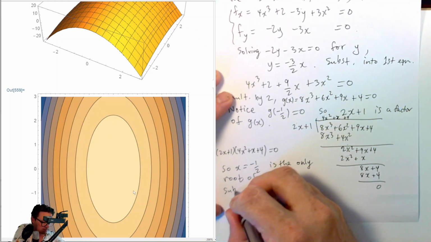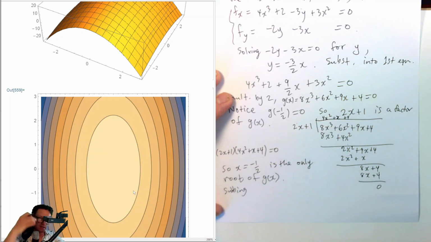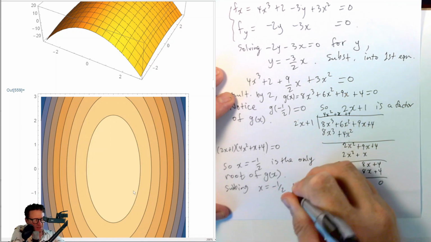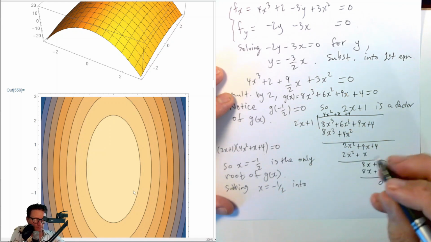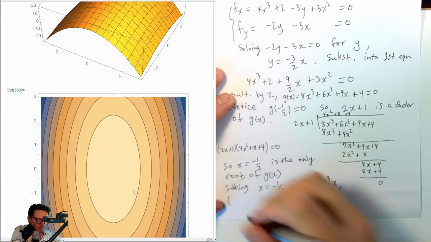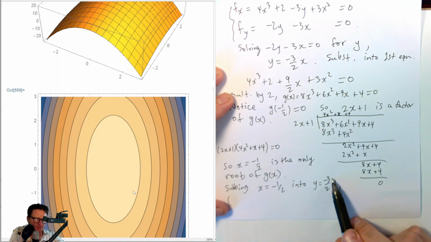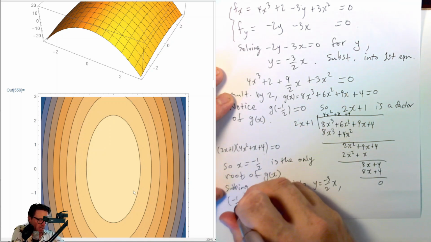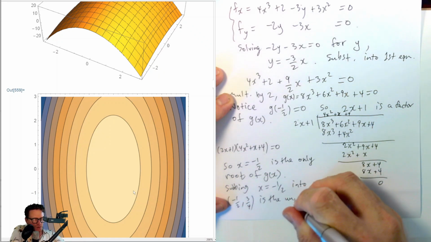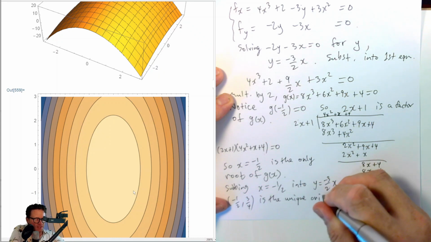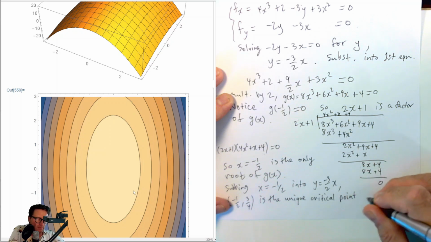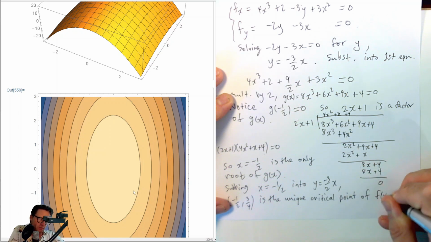Okay, subbing x equal to minus 1/2 into y equals minus 3 over 2 x, we've got the point. So what is that? Minus 1/2 times minus 3/2 is 3 over 4. So minus 1/2 and 3/4 is the unique, or only, critical point of f of x and y.